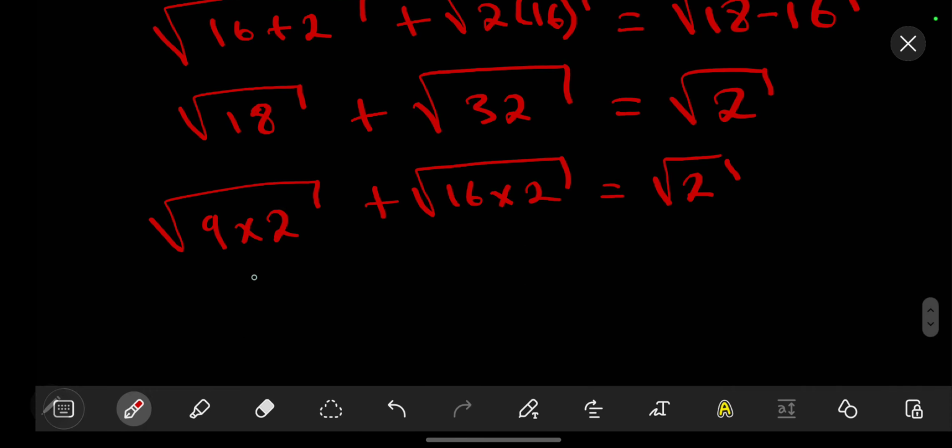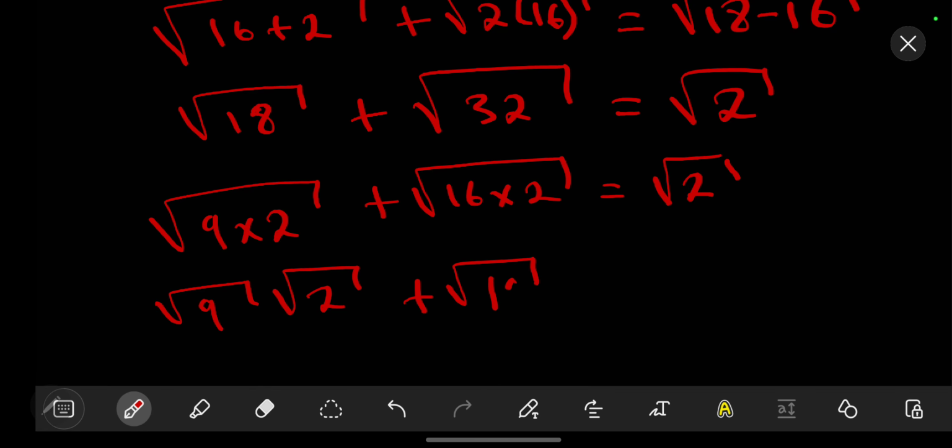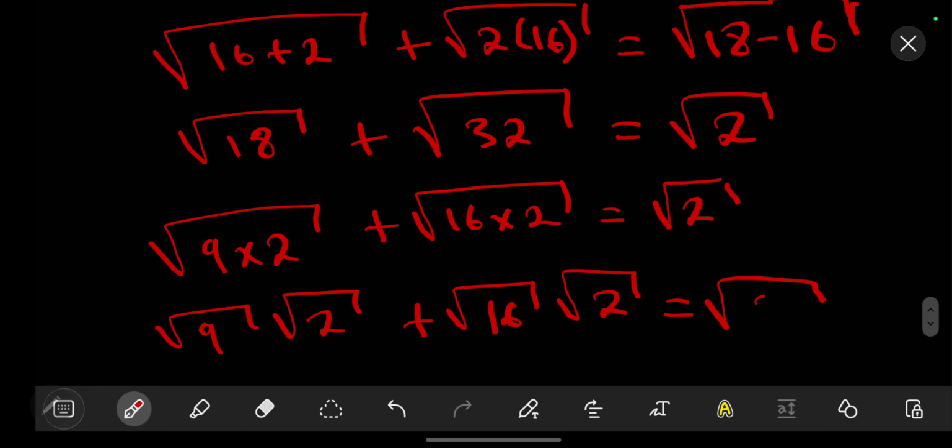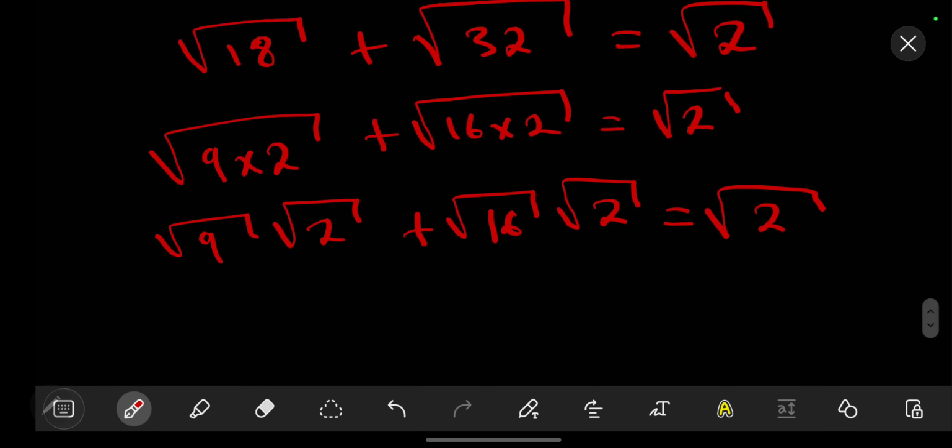So after doing that, this can be further simplified to say this is the same as the square root of 9 times the square root of 2 plus the square root of 16 times the square root of 2, which should be equal to the square root of 2, like that. So the square root of 9 gives us 3, then we have the square root of 2 plus the square root of 16 gives us 4, then we have the square root of 2, like that.